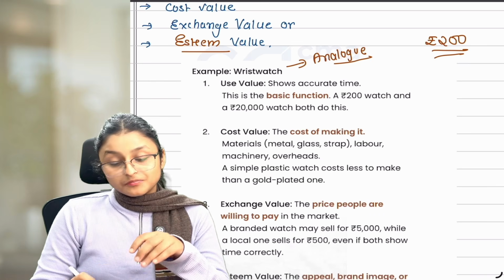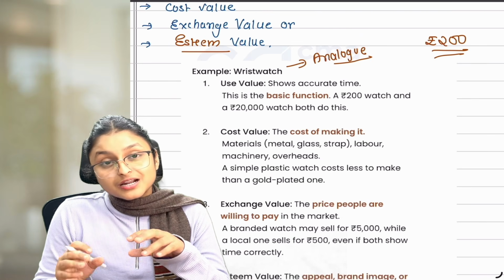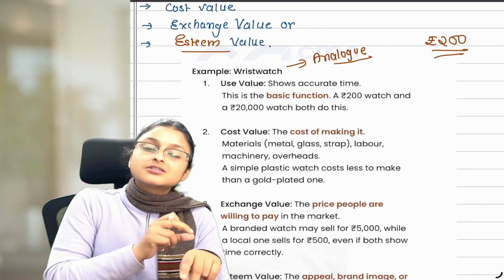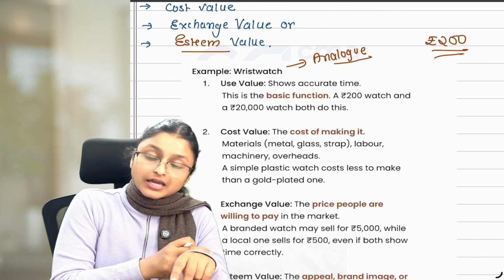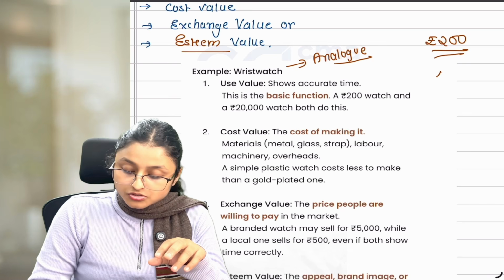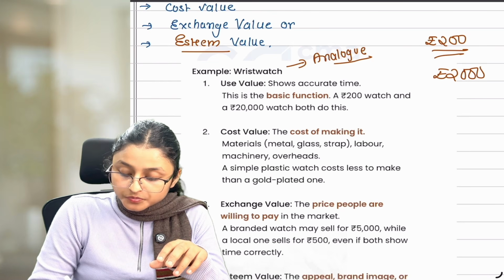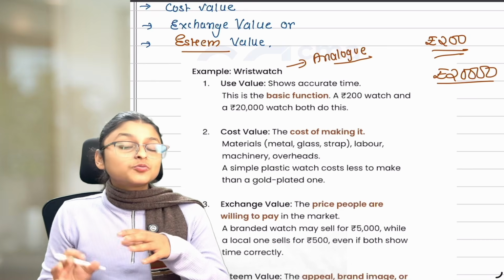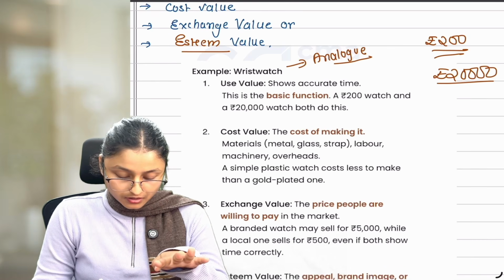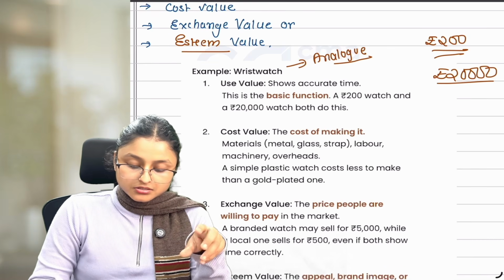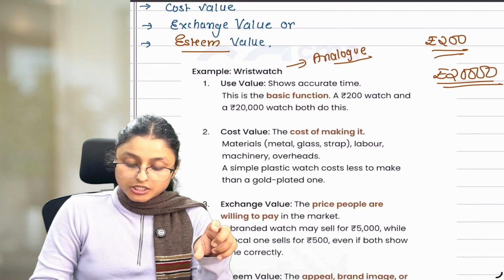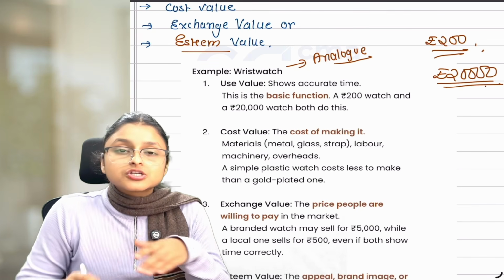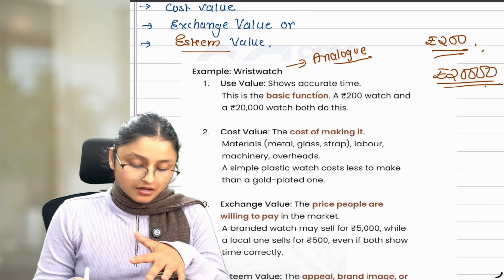The answer is yes. But a similar kind of watch, whose basic function is showing the time, is also available for 20,000 rupees, like a Rolex watch. You need to pay a lot of money to buy that. If you notice, even though both watches are priced differently, their basic function is exactly the same.